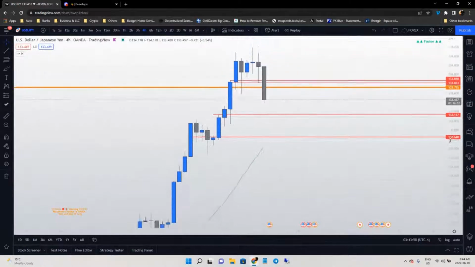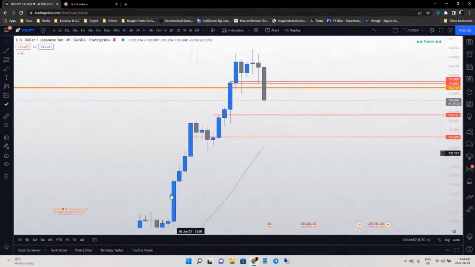You could still take your profits here within that zone, but you're expecting the price going down in those regions. You could maybe put some alerts here with those regions, because right now you still have liquidity here.